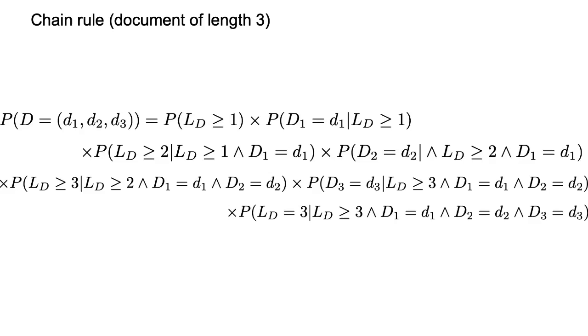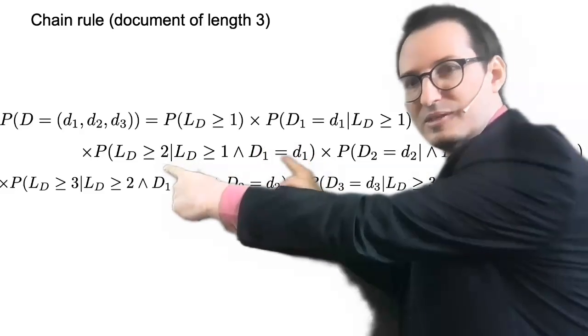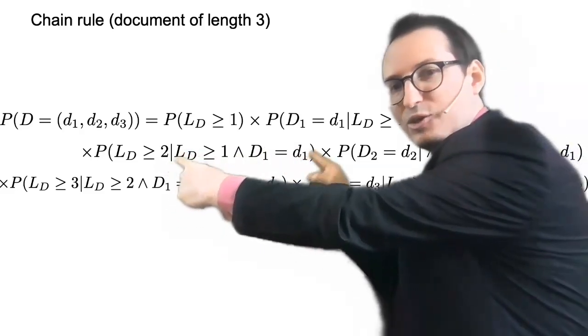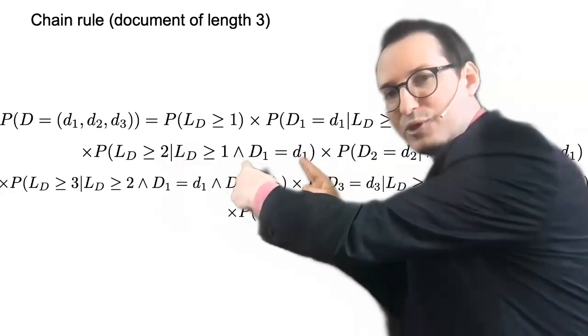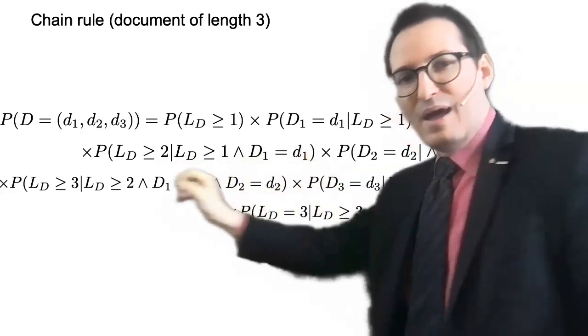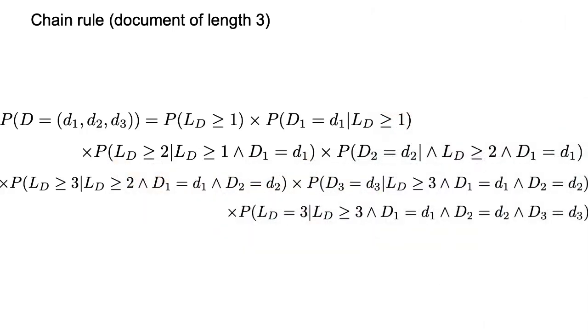Because now that you've established that the first two give us the conjunction that the length is at least 1 and D1 is equal to D1, I can then condition on that. This is basically what you said. Conditioned on the fact that the length is at least 1 and the first word is computers, D1, I'm going to require now that my length is at least 2, given that it's at least 1 and that the first word is computers, right?